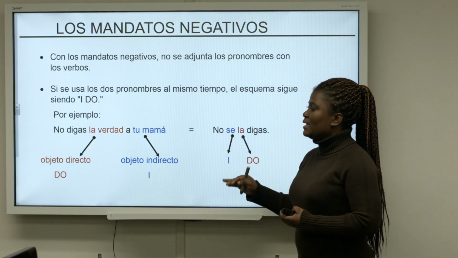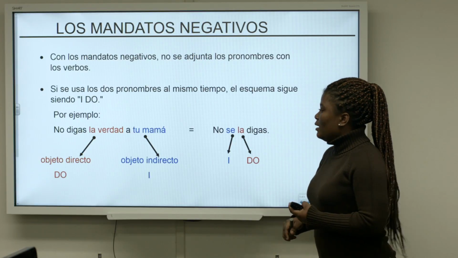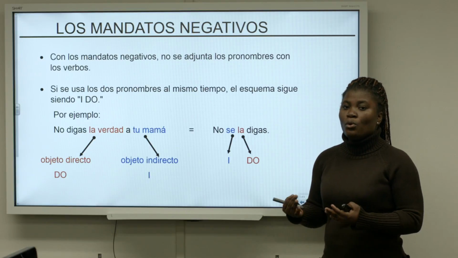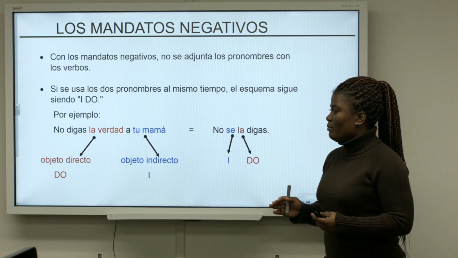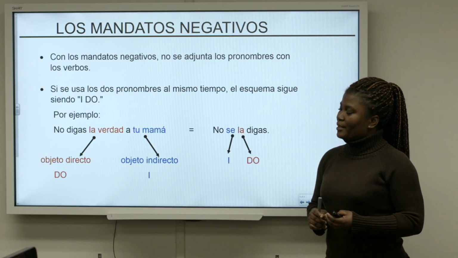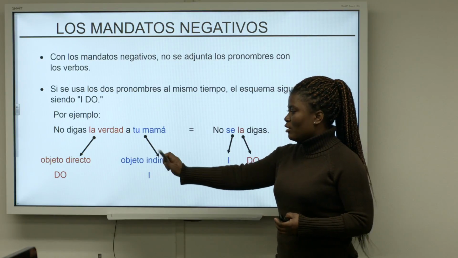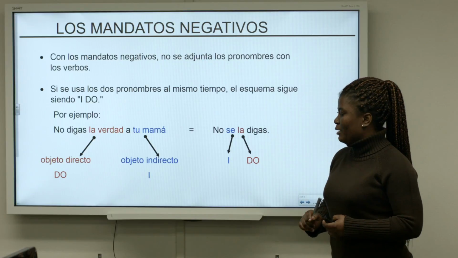No digas qué. Don't say what. Don't say the truth. No digas la verdad a quién. Don't say the truth to whom. Don't tell the truth to your mother. So, la verdad is the direct object, and tu mamá is the indirect object.